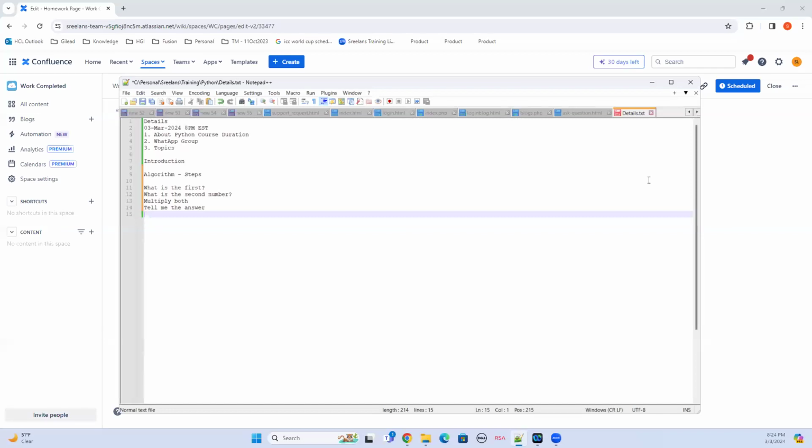A couple of examples we'll give, and you need to practice those examples and learn. Later on down the lane we will also use another word, pseudocode, which we are going to cover sometime later.